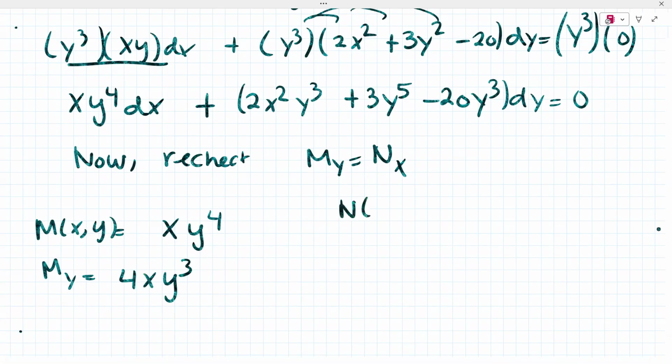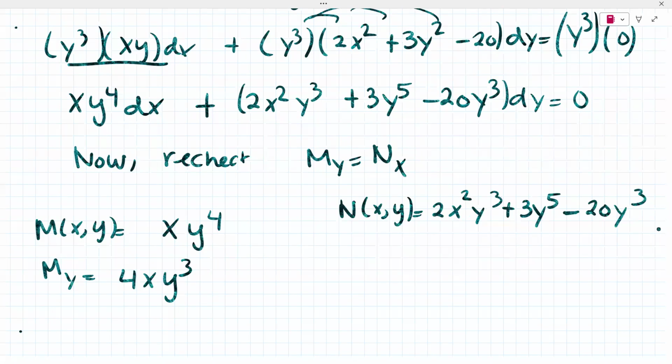My N of x, y is 2x squared y cubed plus 3y to the 5 minus 20y cubed. So my N of x is going to be 4x y cubed. This does not have an x, so that's 0. This does not have an x, so that's 0.